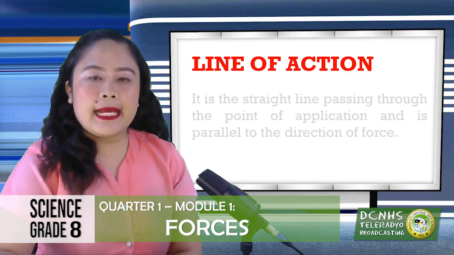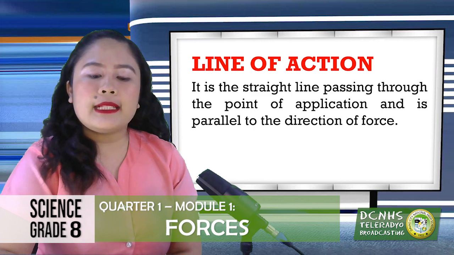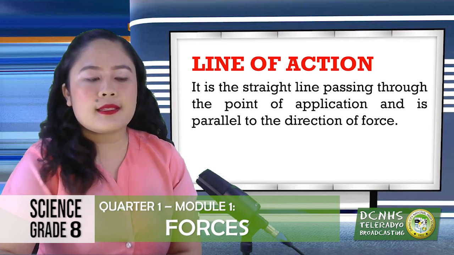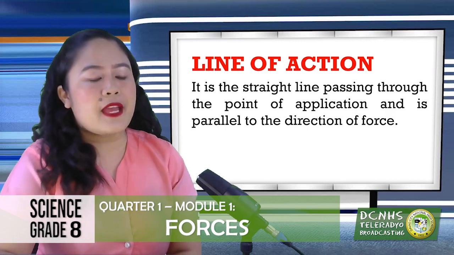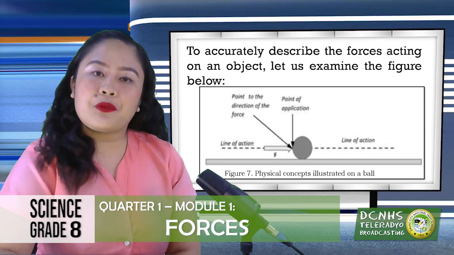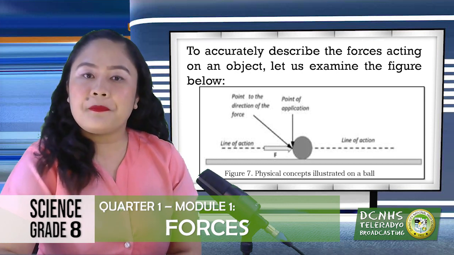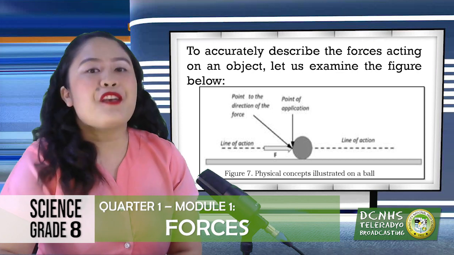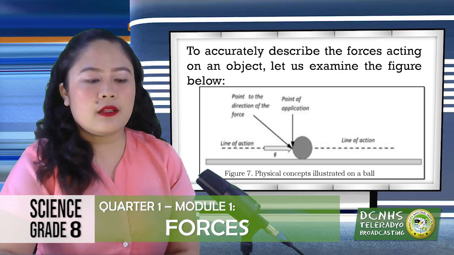Is the straight line passing through the point of application and is parallel to the direction of the force. Now let us go back to Figure 7. Can you find the magnitude, direction, point of application, and line of action? Very good! Let us continue.